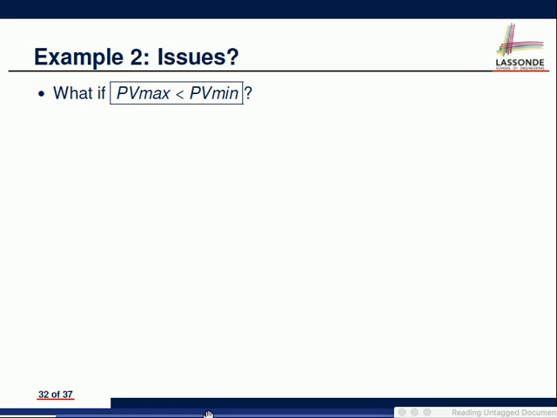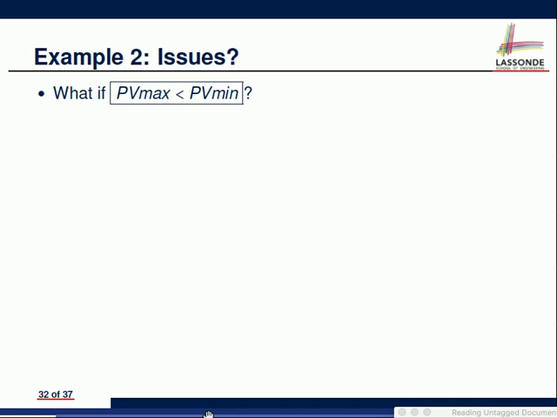They didn't say anything like that. So that means that might be allowed. If that was allowed, what's going to happen? What would be the consequence? Let's say PV max is less than PV min. Are we going to get some very weird counter?